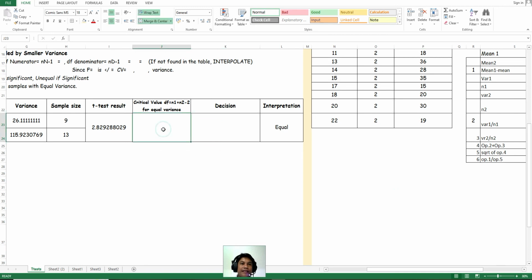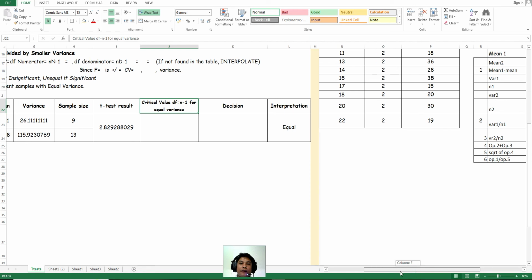And then, what is our critical value? Remember, the critical value will follow with the degrees of freedom, n1 plus n2 minus 2 if equal variance, but this time we are using the unequal variance, so it is simply n minus 1.